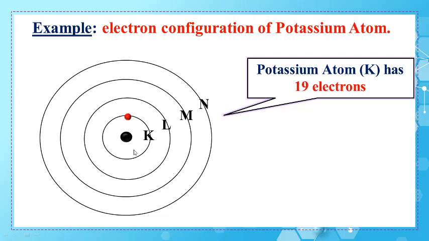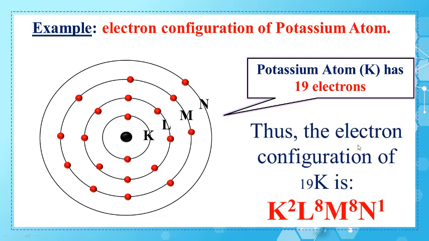So, 2 electrons will be filled on the K shell, 8 electrons will be filled on the L shell, another 8 electrons will occupy the M shell, and the rest electron will occupy the N shell. Thus, the electron configuration of K is K2, L8, M8, and N1.